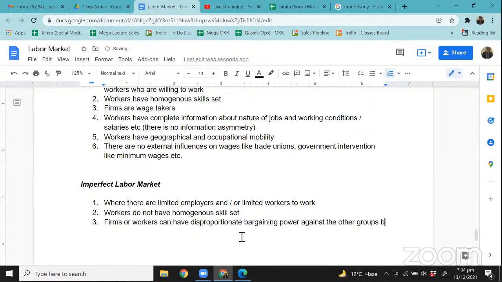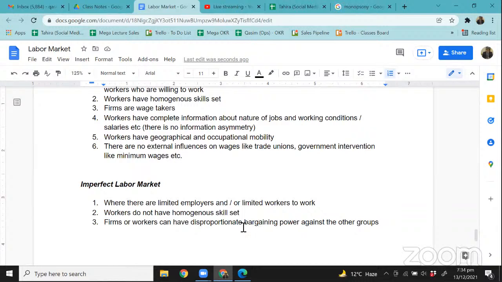Right. So we'll discuss that later. Okay. Now, let's discuss what this third characteristic means. Firms or workers can have disproportionate bargaining power, which means more or less, right? So disproportionate means when the bargaining power is not equal, right? It's different. One group has more, the other group has less, and vice versa, right? So firms or workers can have disproportionate bargaining power against the other group.